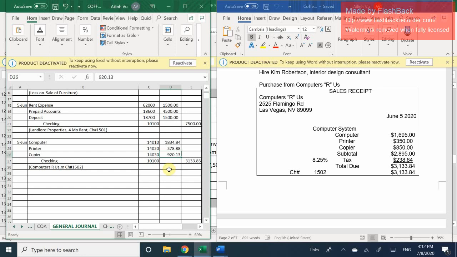In this one it's safe to say we take away a penny, so it's going to be 920.12, and that should give us the exact number for our check total, to make sure that our debits and our credits match.